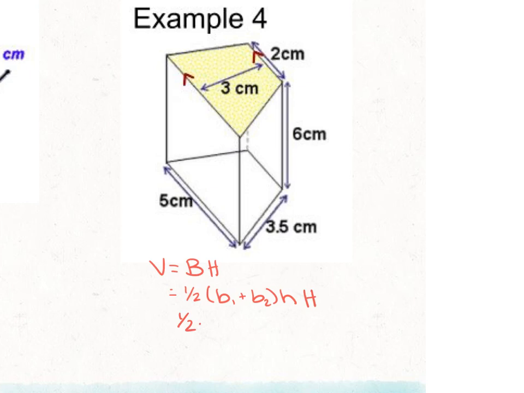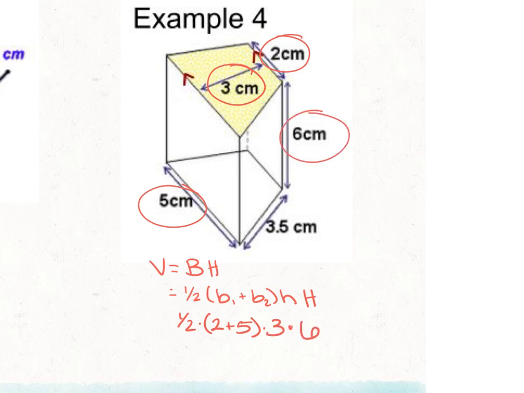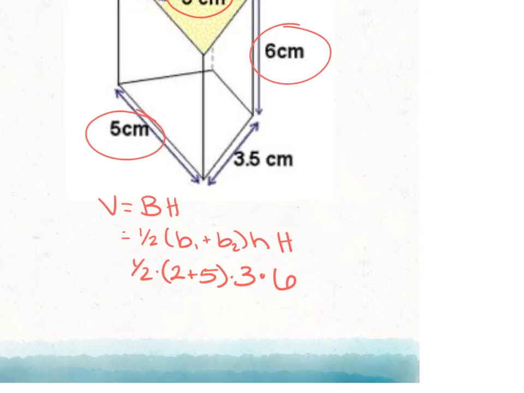So I've got 1/2 times base 1 is 2, base 2 is 5. The height of the trapezoid is 3. Then I need the height of the prism, 6. 1/2 of 7 is 3.5 times 3 times 6, and I get 63 centimeters cubed.